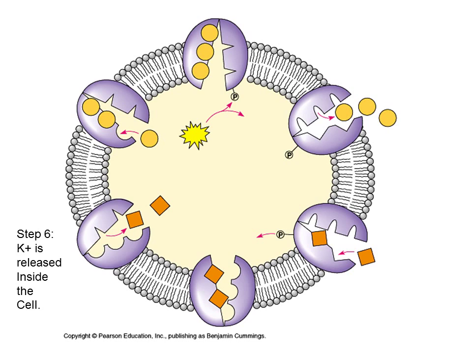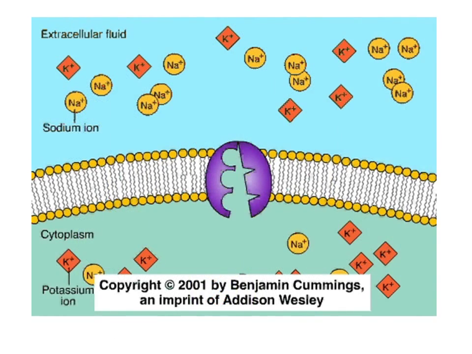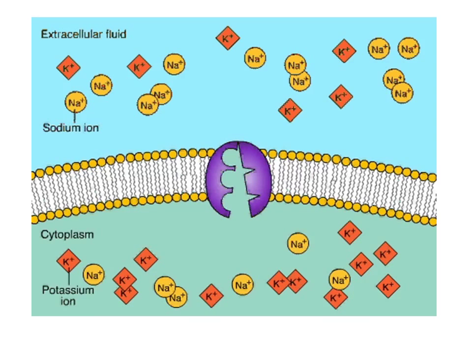So now we've got a higher concentration of potassium inside the cell and a higher concentration of sodium outside the cell. And again, this is important for such things as achieving a resting membrane potential in a nerve cell. Showing the entire process.